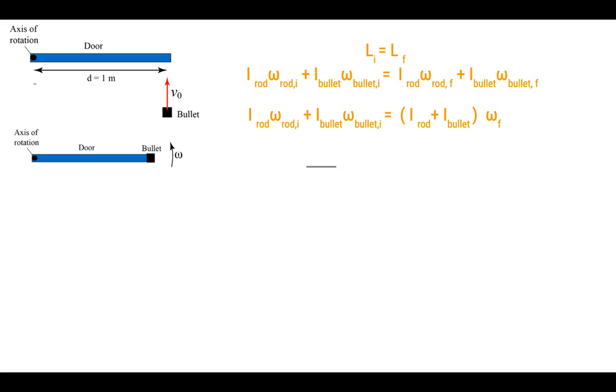After the collision, the bullet and the door have the same final angular velocity. So omega rod final and omega bullet final are equivalent to each other, and we substitute in omega final. We distribute that as the expression: I rod plus I bullet times omega final. That looks almost identical to our inelastic equation for linear conservation of momentum.